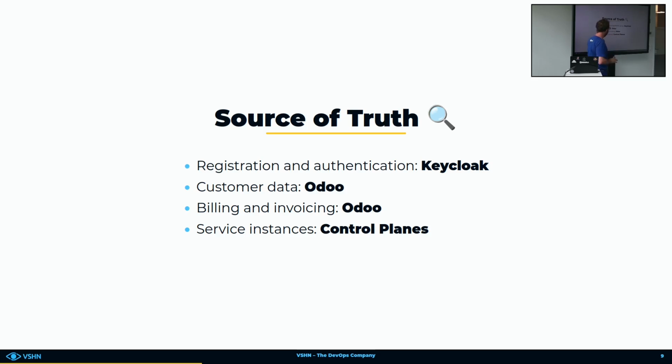So the control planes are the master of the service instance information. And the service offering, that's the thing which is stored in the portal. So there we define which service is available where, and what parameters we expose, and all these things, this is stored in the portal database.